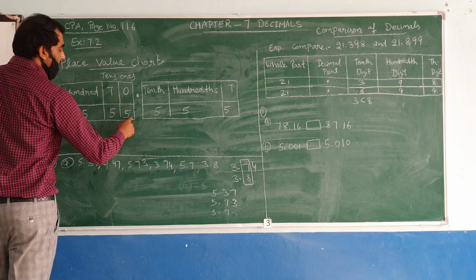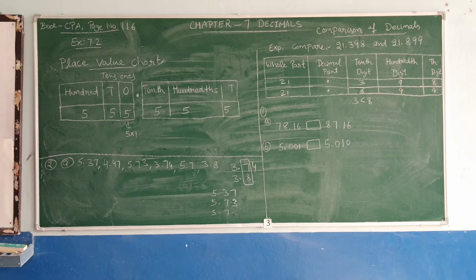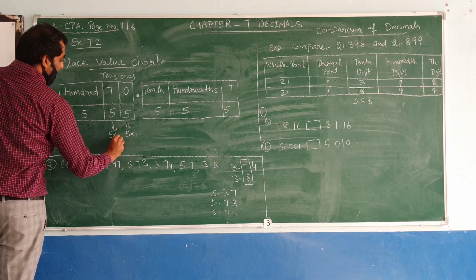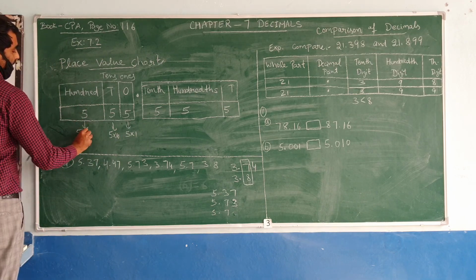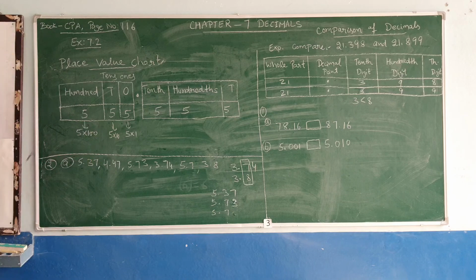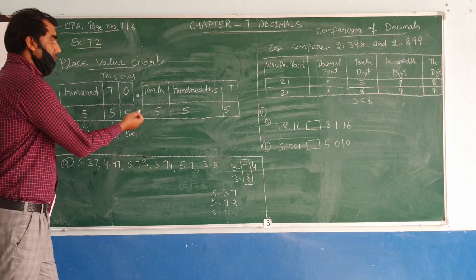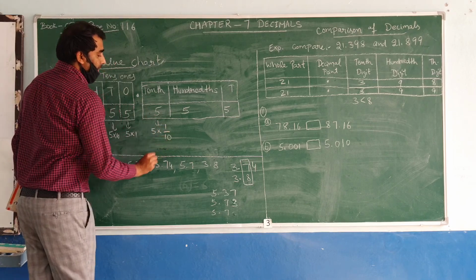O means ones, it means 5 multiplied by 1. Tens means 5 multiplied by 10. Hundreds means 5 multiplied by 100. And on the other hand, after the point, tenths means 5 multiplied by 1/10.